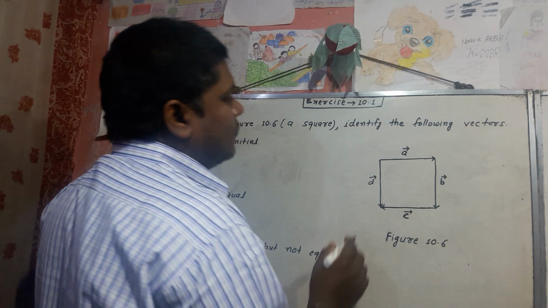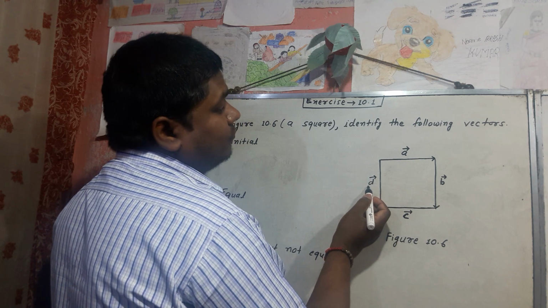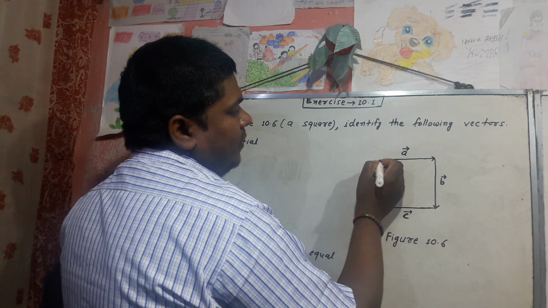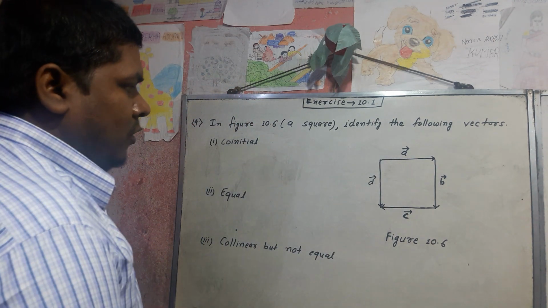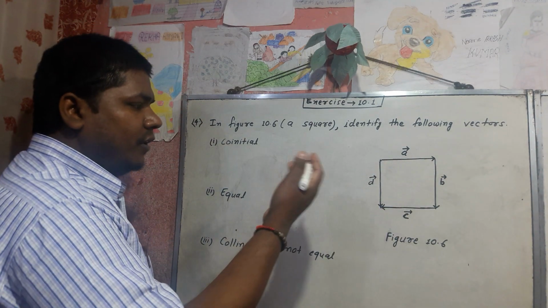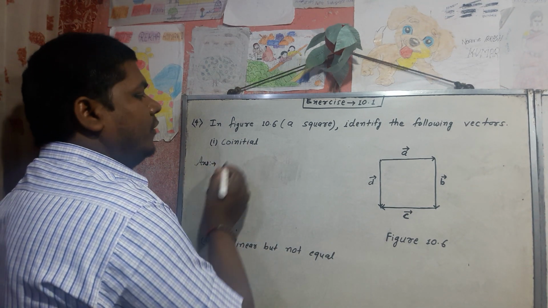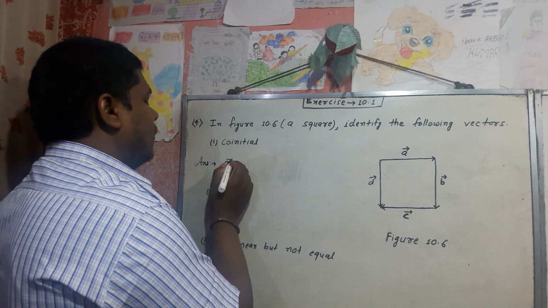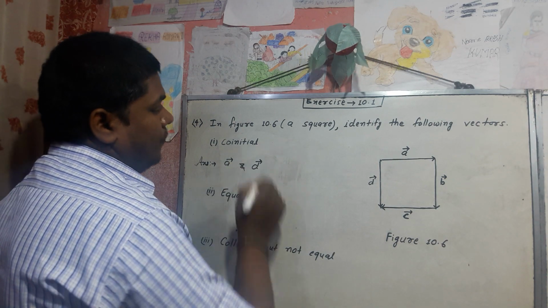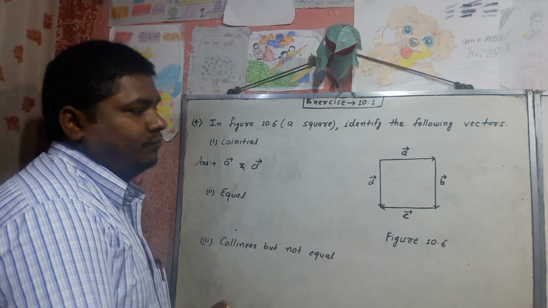In this given figure, vector A and vector D have same initial point. So, A vector and D vector are called co-initial vectors. We can write co-initial vectors, vector A and B vector.